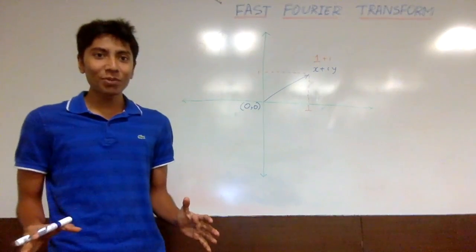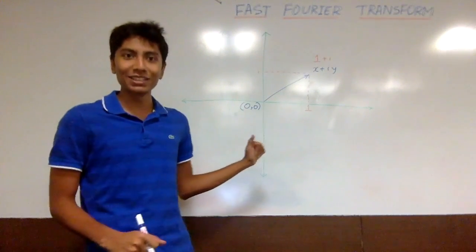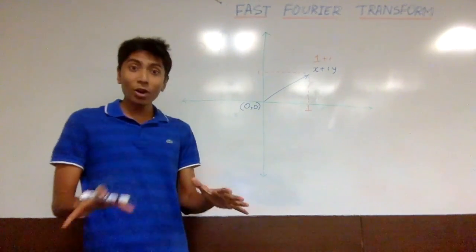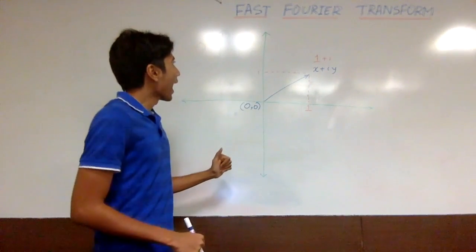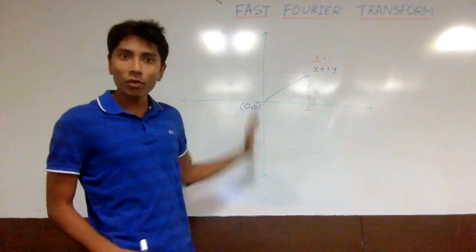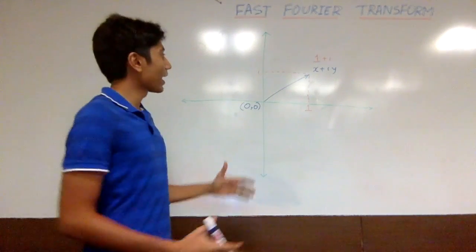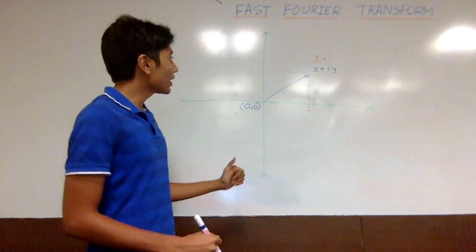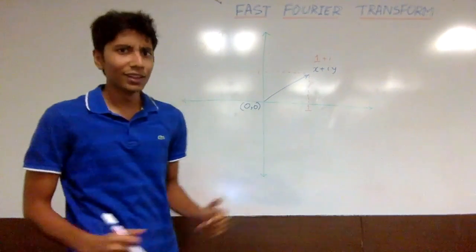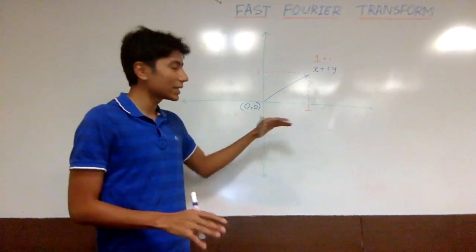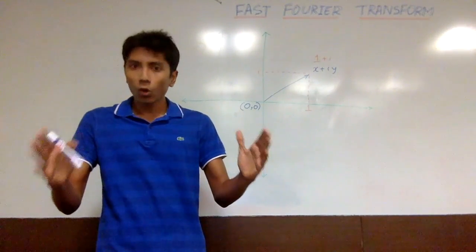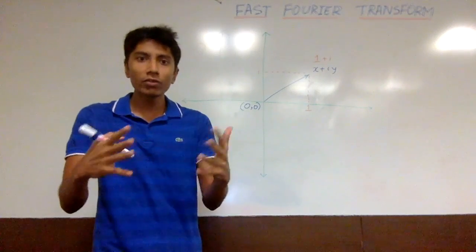So to understand this topic well, you need to know a little bit about complex numbers. Every complex number can be represented on this plane x and y, with everything on the y-axis being imaginary and everything on the x-axis being real. So real and imaginary, but basically those two quantities cannot mingle with each other.